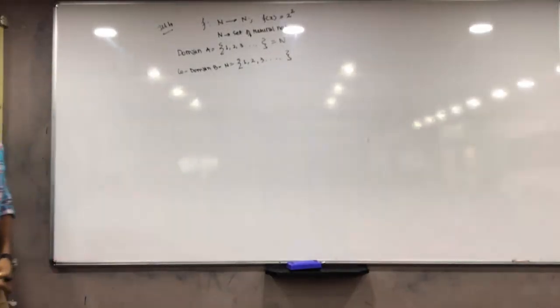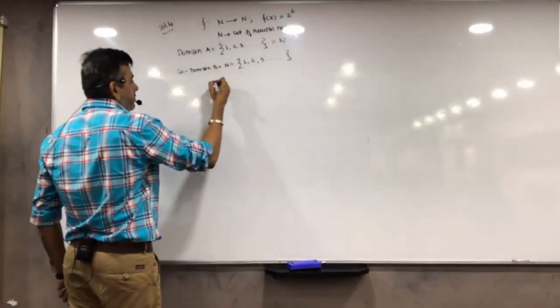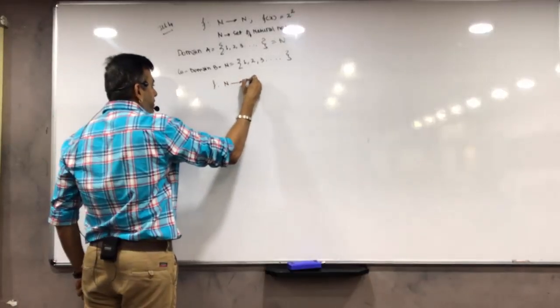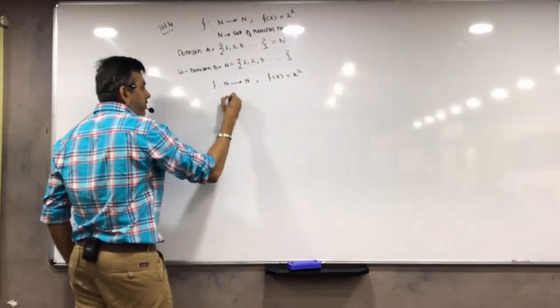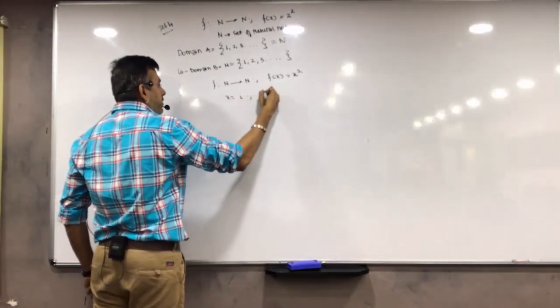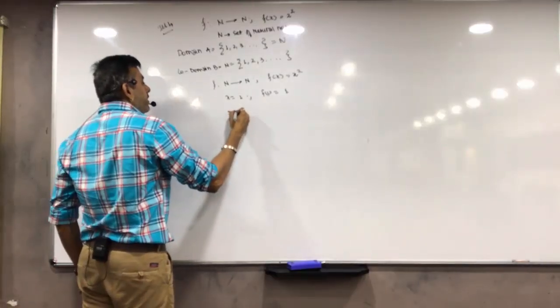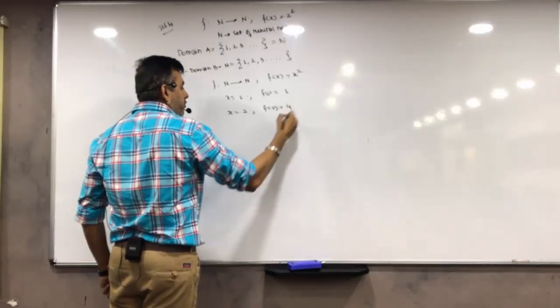Now f of x is equal to x square. Function capital N to capital N, f of x is equal to x square. So x is equal to 1, f of 1 is equal to 1. X is equal to 2, f of 2 is equal to 4.